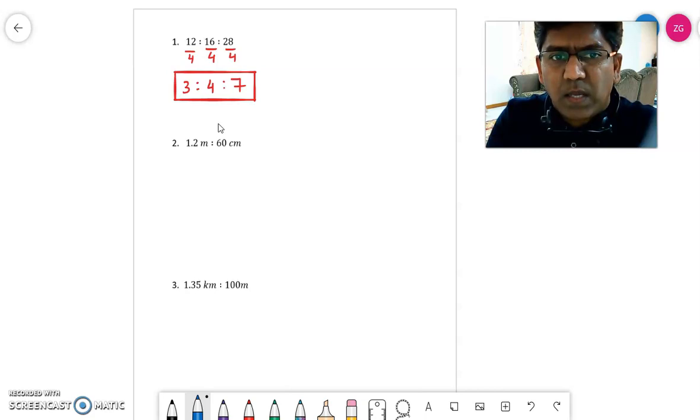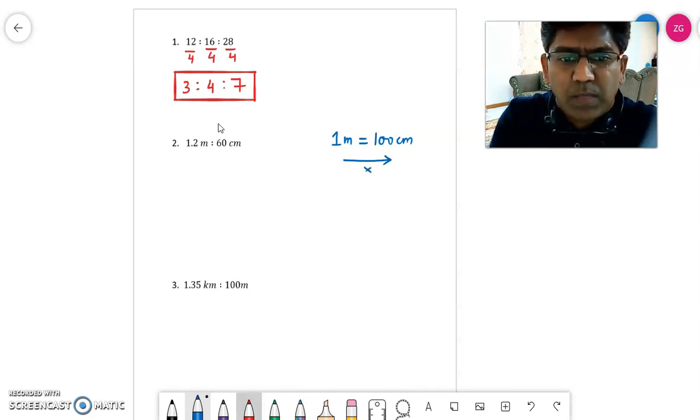In that case, I'll be multiplying and my decimal point will also go. 1 meter is 100 centimeters. When you convert from big to small, you always multiply. So I'll multiply by 100. 1.2 meter, when you multiply by 100, will become 120 centimeter, and 60 centimeter will be as it is.